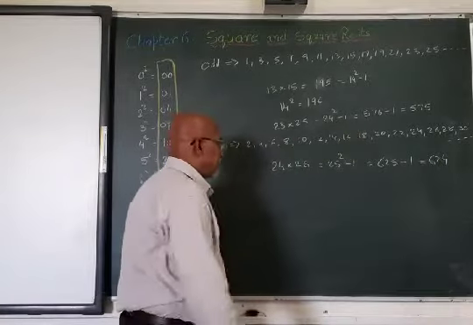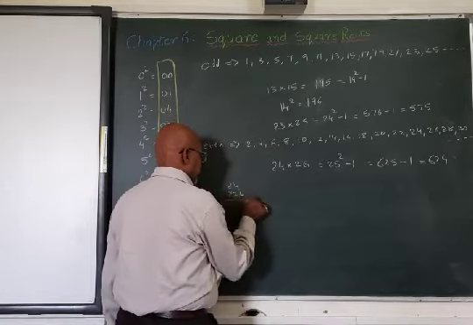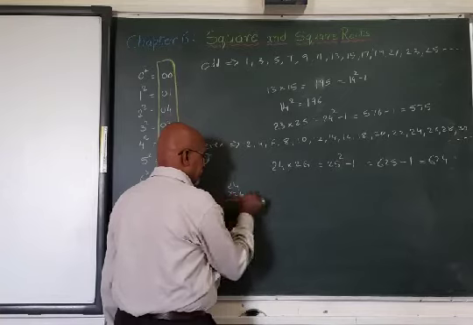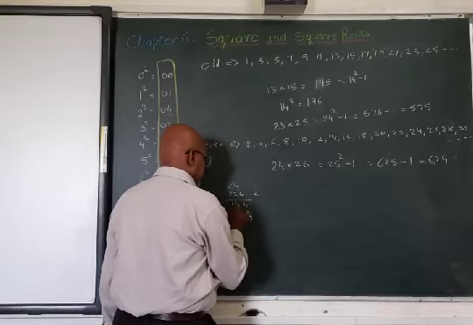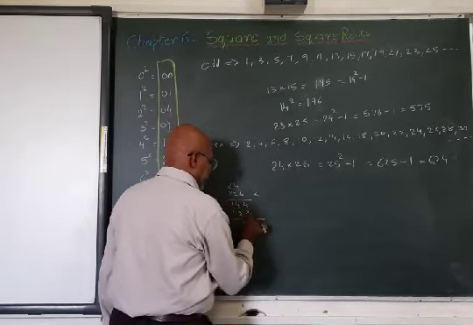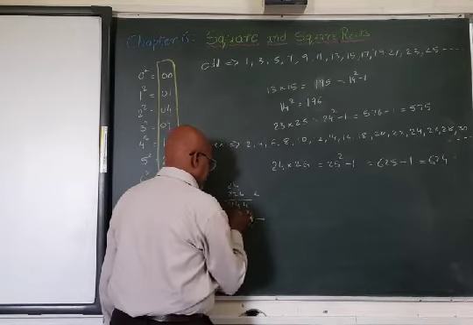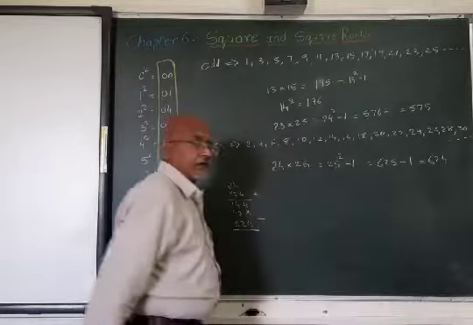Now, do tally this. 24 multiplied by 26. 6 fours are 24. 6 twos are 12, plus 2 is 14. 2 fours are 8. 2 twos are 4. 8 and 4 is 12. Carry 1. 624 is the answer.